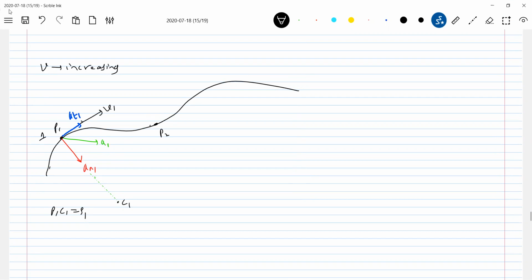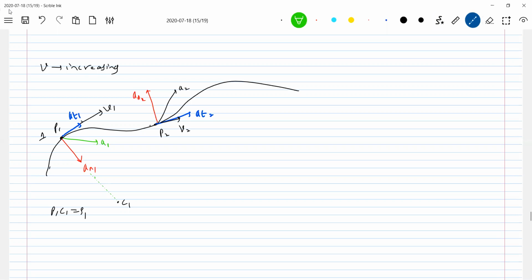tell me how the tangential acceleration will be. The tangential acceleration will be like this, at2. What about normal acceleration? The normal acceleration should be in this direction. What about the total acceleration vector? It will be like this. And the tangential velocity will be in this direction. What about the radius of curvature?